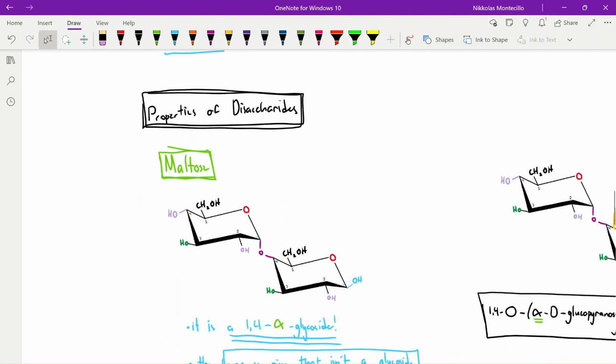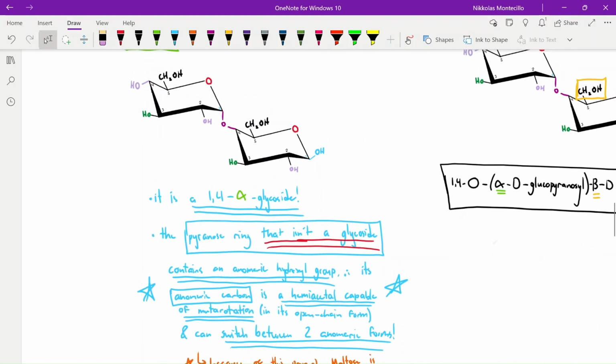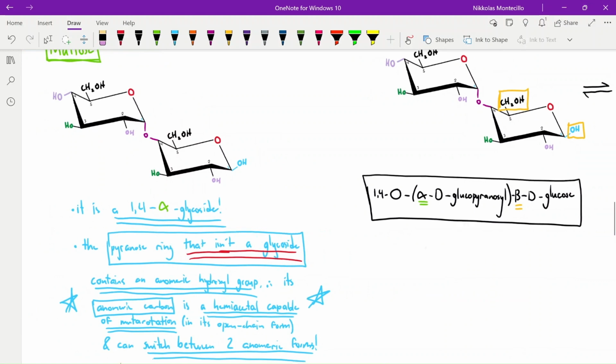But before we get into all that, let's go through the special property of maltose exhibiting mutarotation.